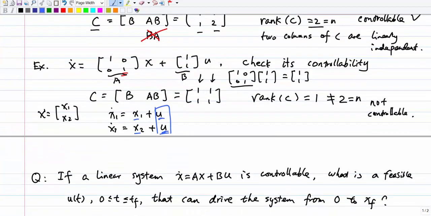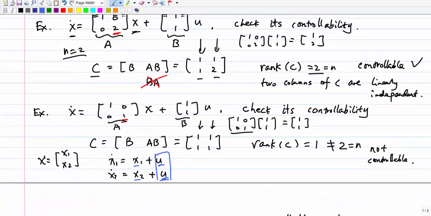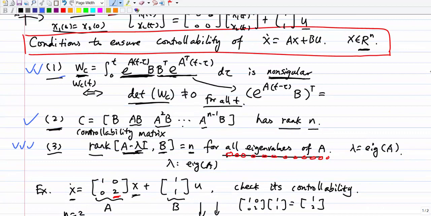Okay, so the next question is, by looking at the conditions, of course we can check if a system is controllable.